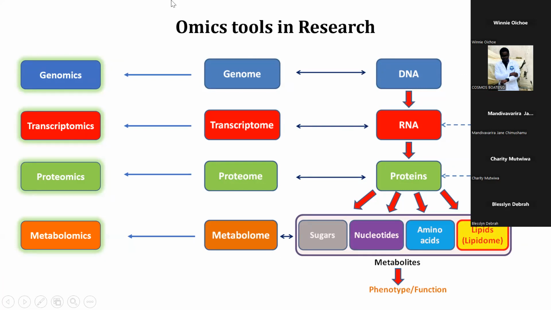Proteomics is the study of the entire proteins of an organism. And metabolomics is the study of the entire metabolome, that is, the combination of all the metabolites which are produced by an organism or a cell. So these studies are omics. I'll be concentrating on proteomics and metabolomics.